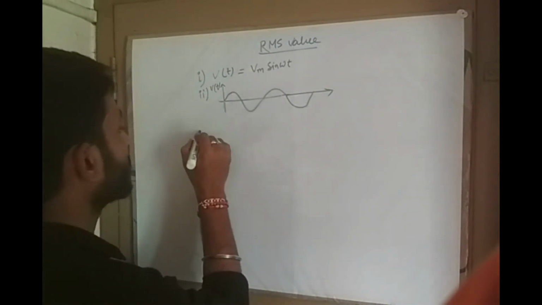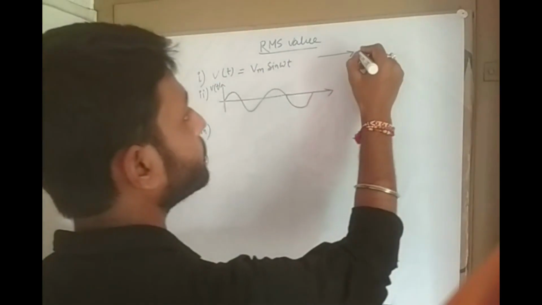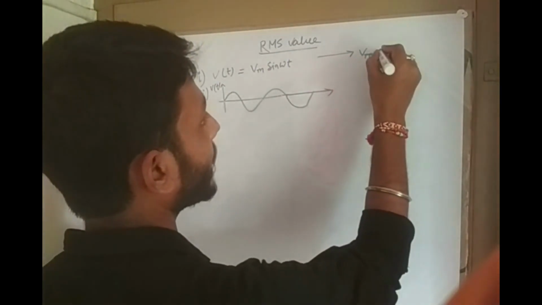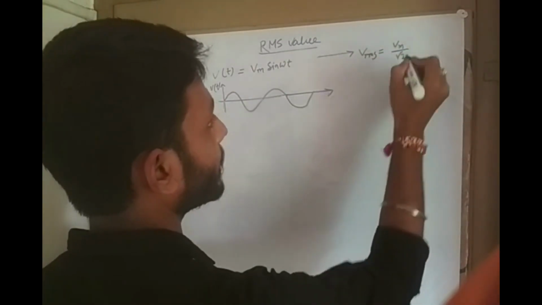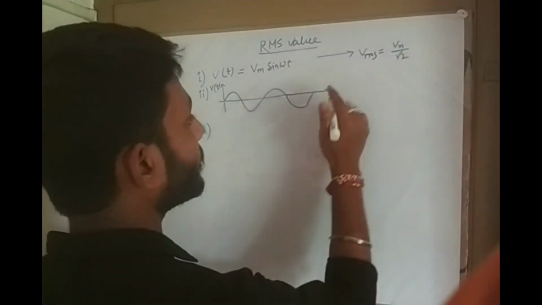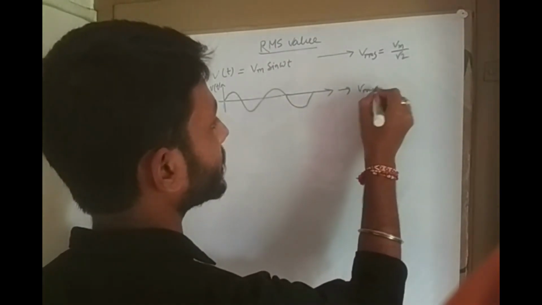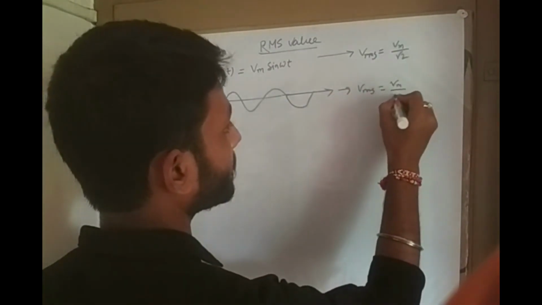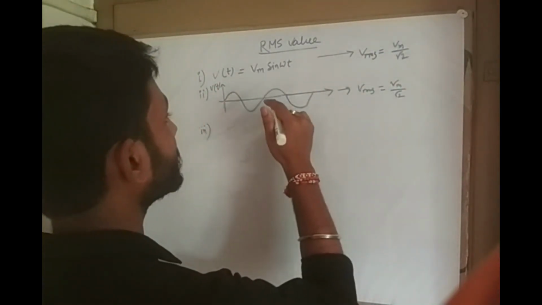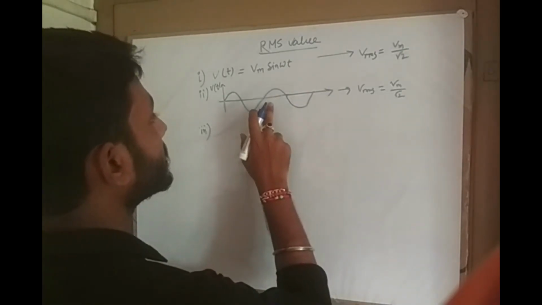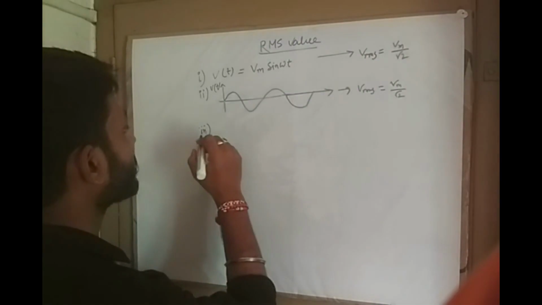Here the Vrms value will be Vm divided by root 2. From this representation, the Vrms value will be the same. Both are the same because this one is nothing but the representation of the first equation.